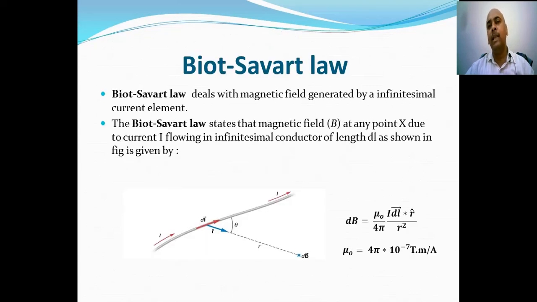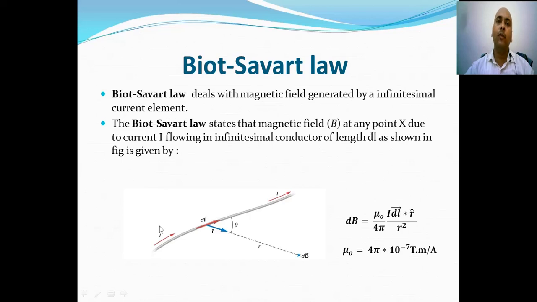So it is basically the Biot-Savart law which deals with the magnetic field generated by an infinitesimal current element. In order to understand the statement of the Biot-Savart law, let us suppose we have a conductor of infinite length and current I flows into this conductor.